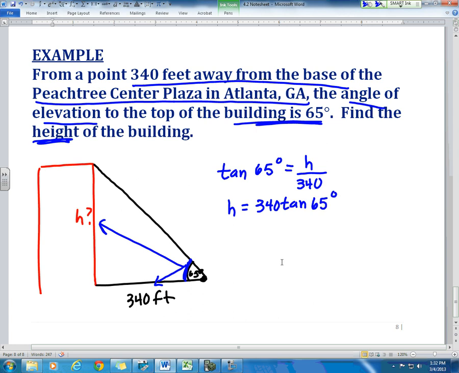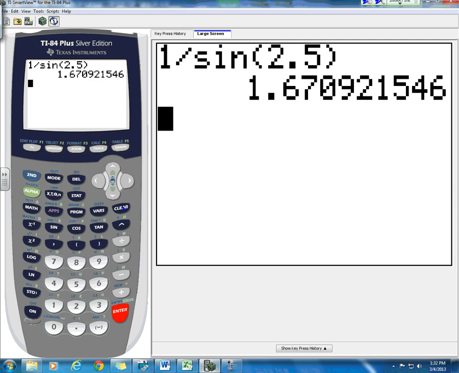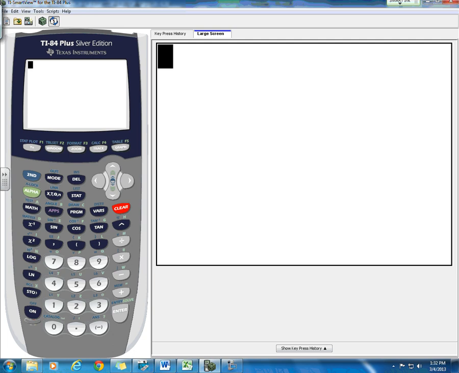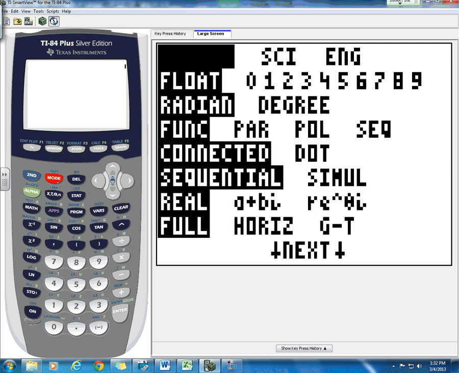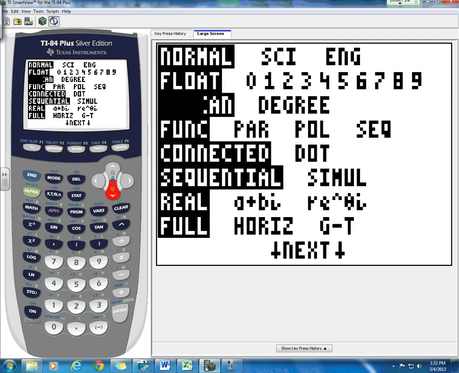And we'll pull up our calculator. I'll do this one out for you. Whoops. 340 times, well, I don't even need those parentheses. I'm thinking as I'm typing this that I'm not in degree mode. So I need to go over to degree mode.